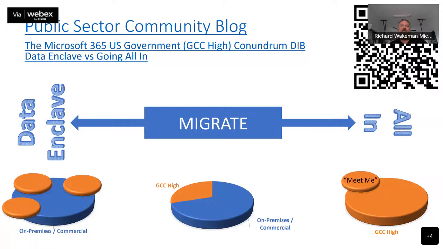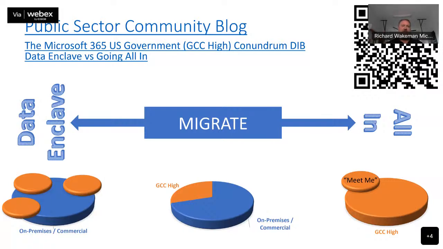So you can see on the left side of this diagram an illustration. In the context of the Microsoft Cloud, you have your full enterprise IT environment on the commercial side or on premises, right? That's represented with the blue color scheme. And then you can establish these enclaves that are designated for protection of CUI. Now, what we've also found over time, working especially with the larger DIB prime contractors, is that they need to elevate the posture of their entire enterprise IT system.